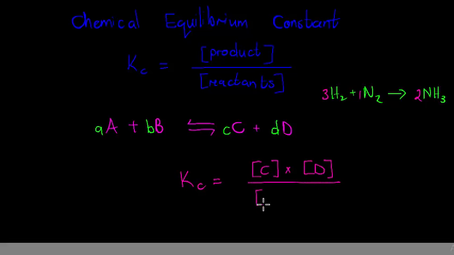Divided by the concentration of A times the concentration of B. And now these coefficients tell me how many of these factors I must include. So if there's a of these, I must have a of these factors. To include that number of factors, I can just put it as an exponent: this would be the exponent a, that b, that c, and that d.